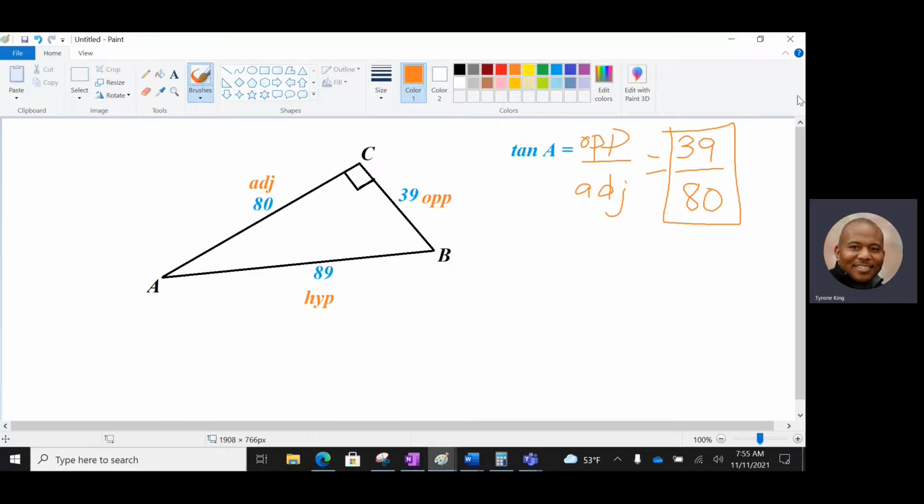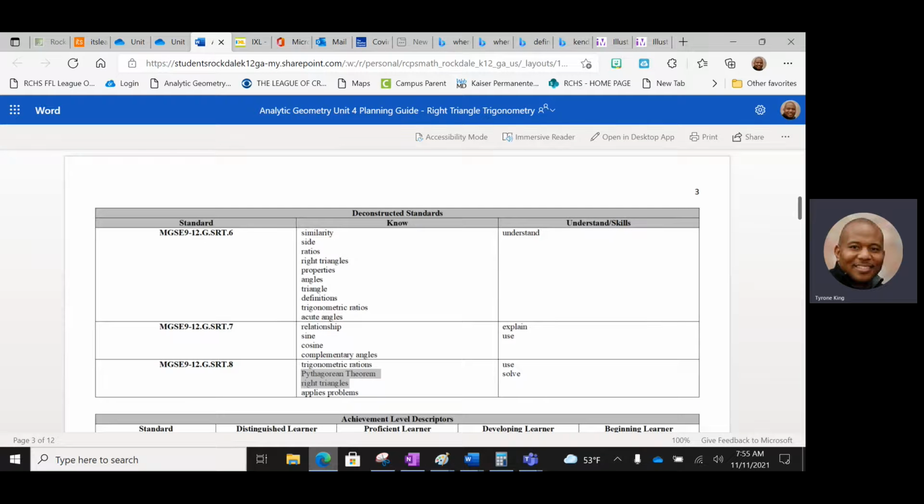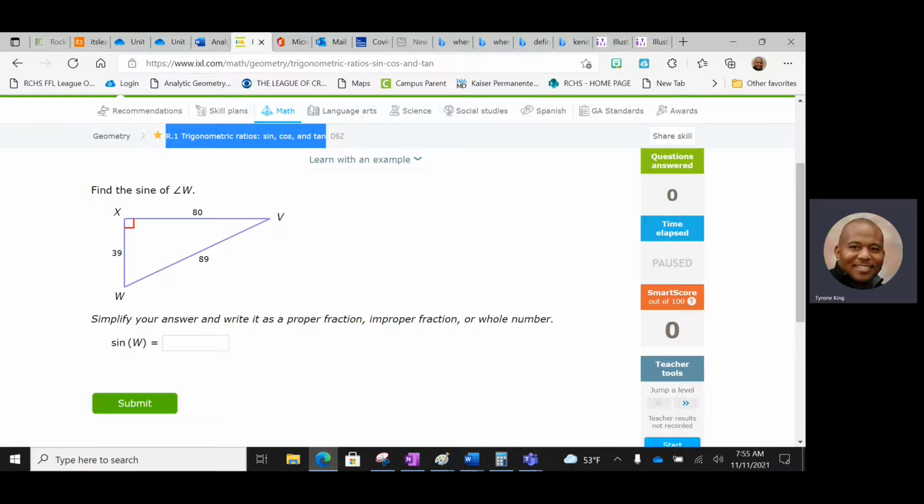So just to make sure that you guys understand what you're doing, we have an IXL activity. On this IXL activity, you're going to be doing some of the same things that you've been doing before.